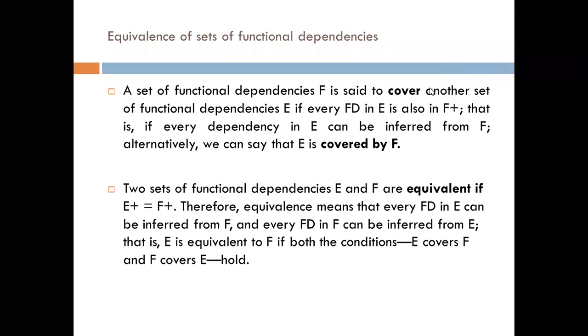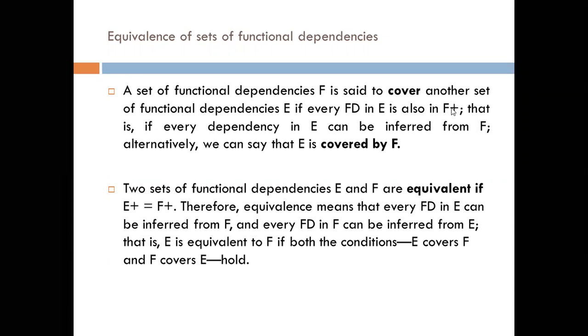Equivalence of sets in functional dependencies can be established. A set of functional dependencies F is said to cover another set of functional dependencies E if every functional dependency in E is also in F plus. That is, if every dependency in E can be inferred from F, then we can say that E is covered by F. So this is the coverage.